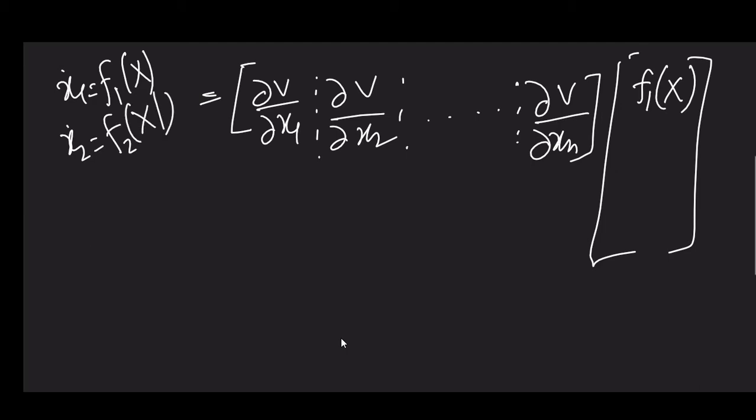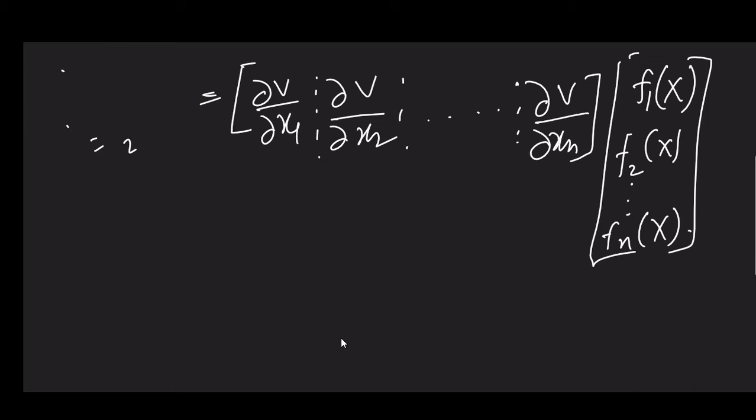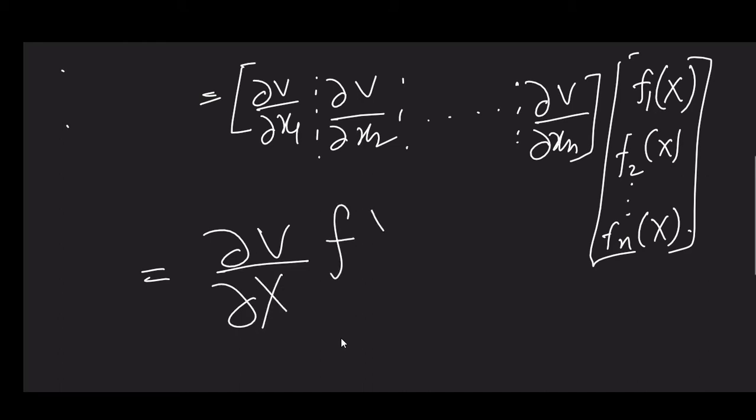As we are considering an autonomous system, we are not mentioning t here, so you get fn(x). See what we are doing here. It's a very simple thing: this whole thing can be written as del V del x times f(x).